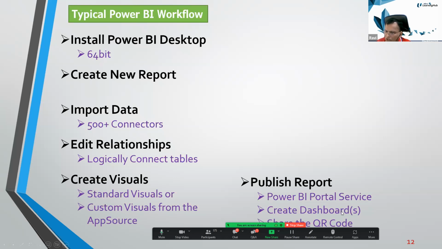These are some advanced concepts, so we'll talk about it later if required. Once you are published either as a report or as a dashboard, you can share the QR code with the people whom you intend to share. Okay, and they can access it by logging into the system, provided they are authorized to access it.